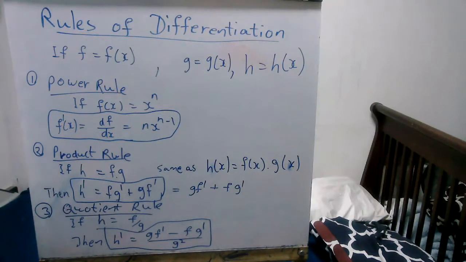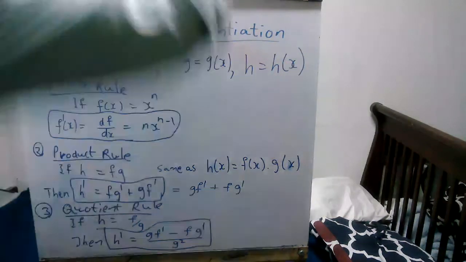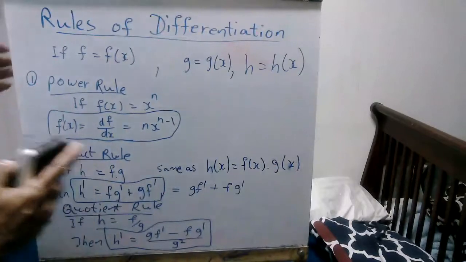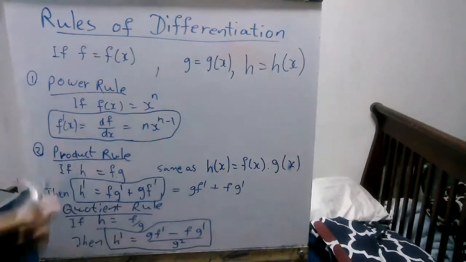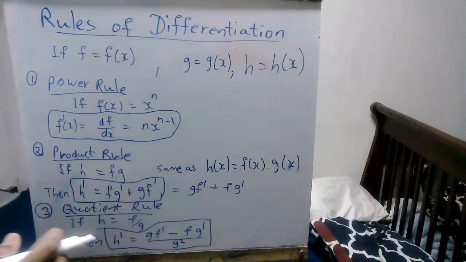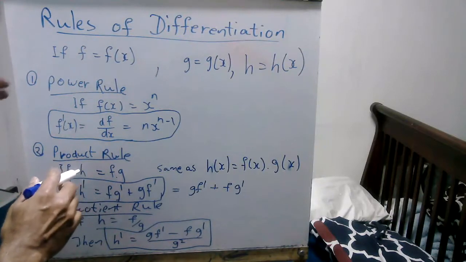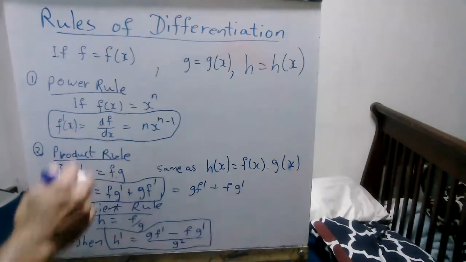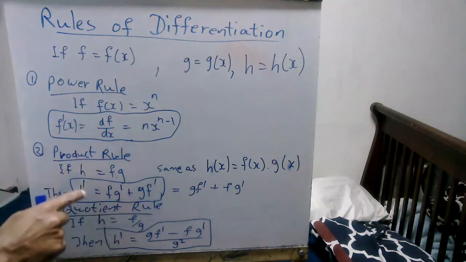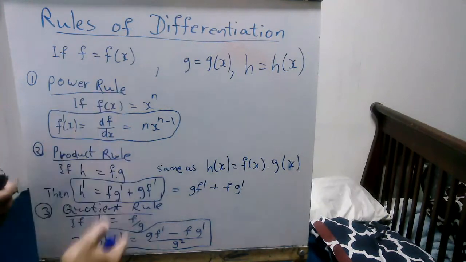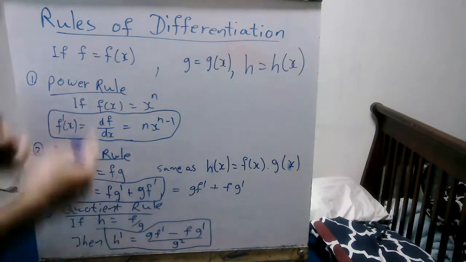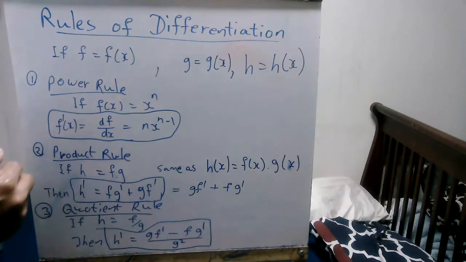Okay, let's do an example. Now, I should tell you, when we are doing examples, it could be one of these two rules, or we have to use a combination of two, or a combination of all three.